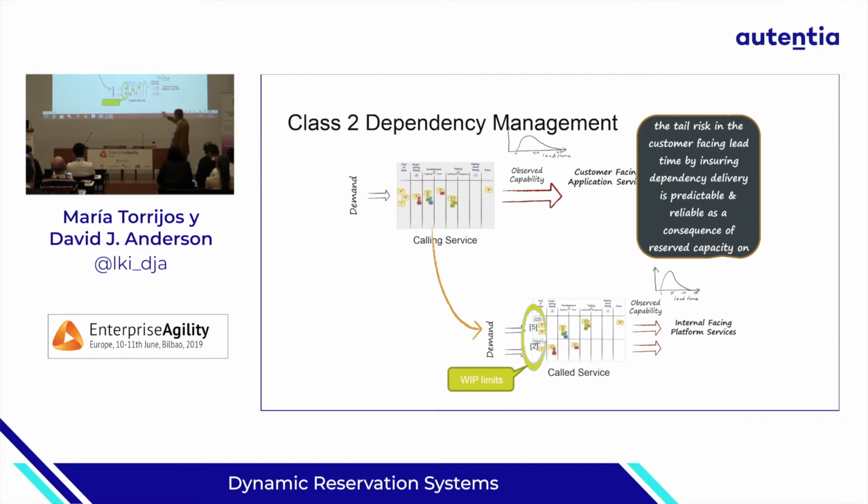And the way to do that is for the dependency to recognize that we are one of its regular customers and to allocate some capacity for us so that there's a high probability that when we send them a ticket, they have capacity to work on it almost immediately. And that takes away some of the tail from the lead time distribution. It makes us a lot more predictable on the customer-facing side. And for many applications, that's often good enough, unless the risk is very high and the cost of delay is high.